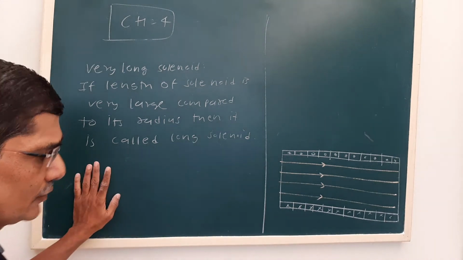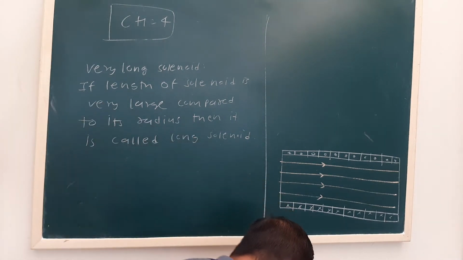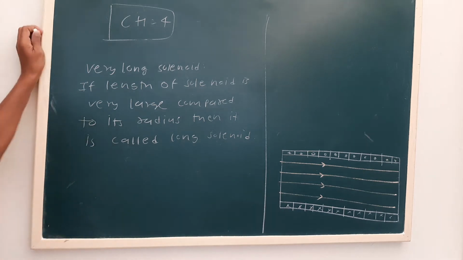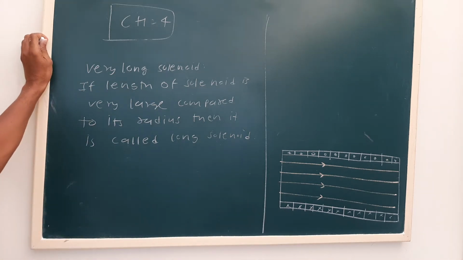That makes a long solenoid. Now we have to derive the magnetic field due to a very long solenoid.